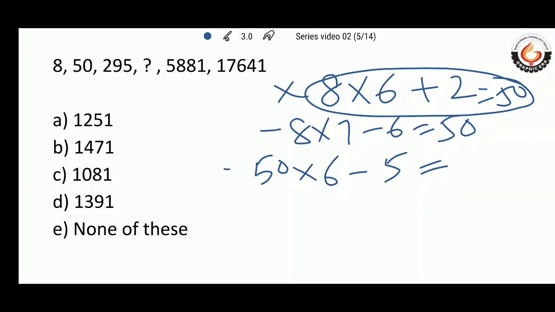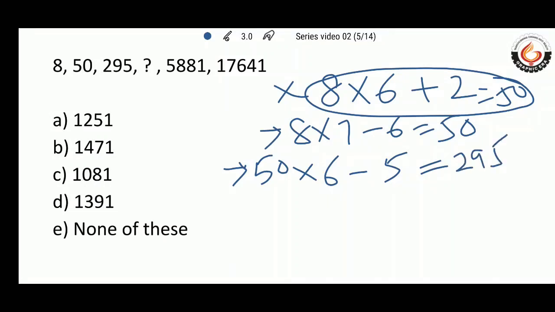But in this one and this one, now I see a pattern in this one, that is a number is being multiplied and a smaller number is being subtracted. So what I see is 300 minus 5 is 295.